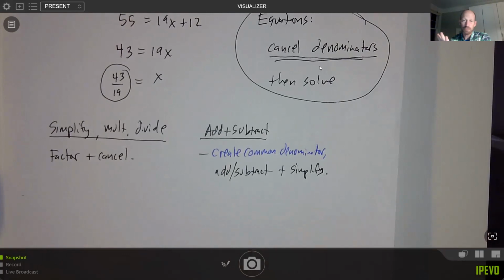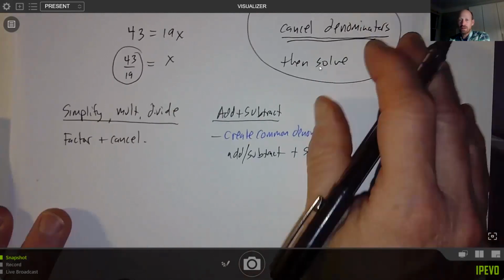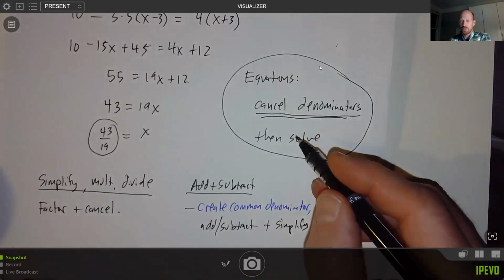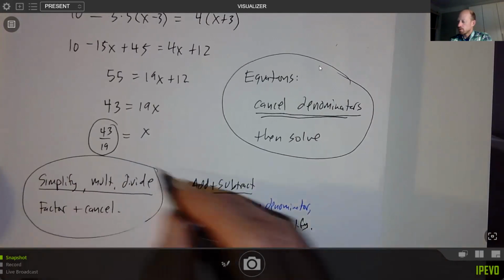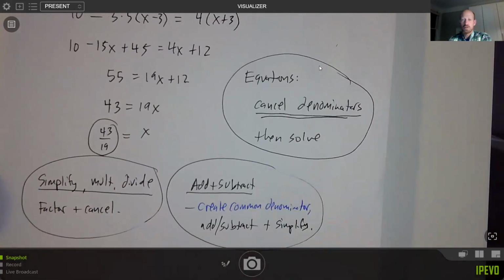And again, it's a different process. You're trying to do different things. You're still factoring, but you're doing different things with them. And then finally, what we have here is with equations. That's a third strategy, right? We're going to cancel the denominators, and then we're going to solve what's left.